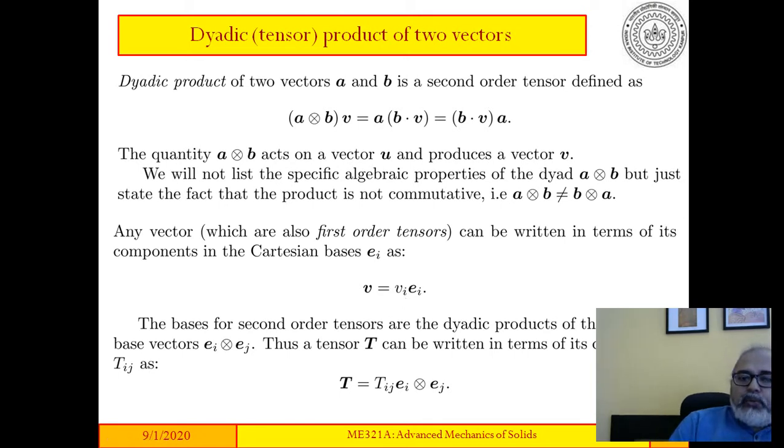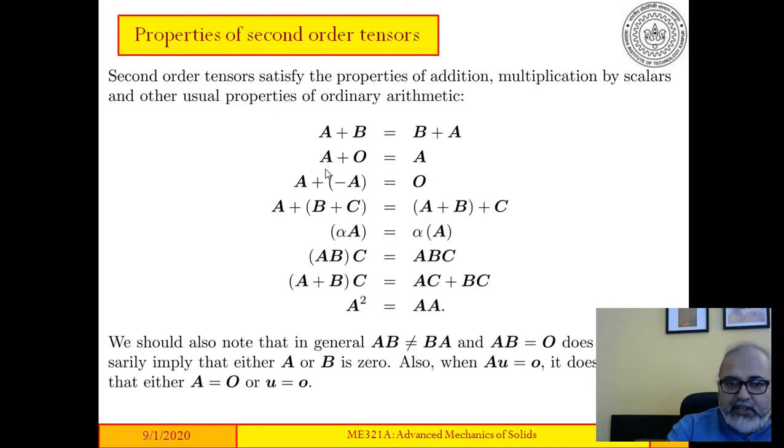Now, with this definition in mind, and the definition of a dyadic, there are a few properties of second order tensors that we can enumerate. So A plus B is equal to B plus A. There's a zero second order tensor which you can add to any second order tensor to get the same tensor.